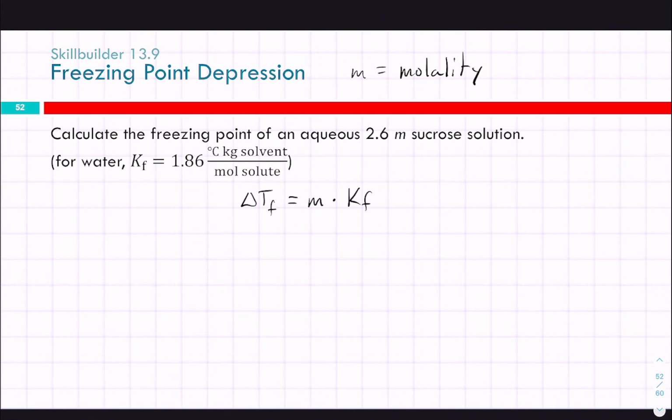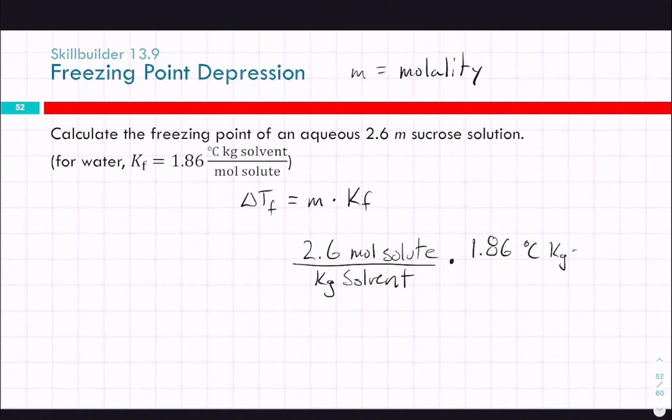So if we take our molality, that's 2.6, and I'm going to write this out, moles of solute per kilogram solvent. We're going to multiply that by 1.86. The units of that are degrees C, kilogram solvent, divided by mole solute.